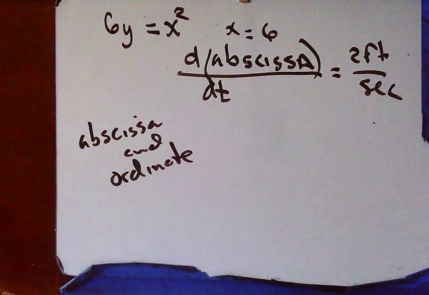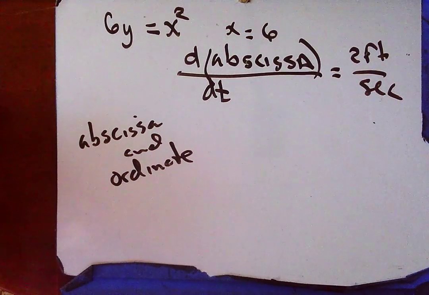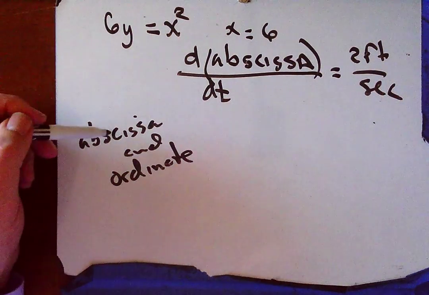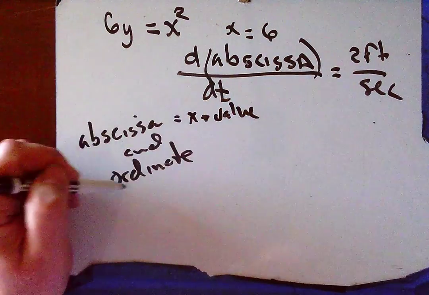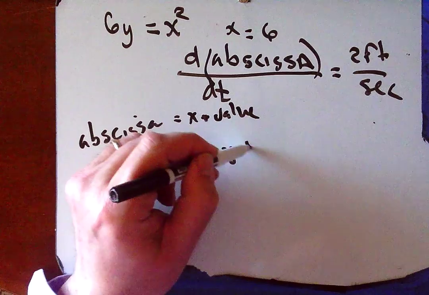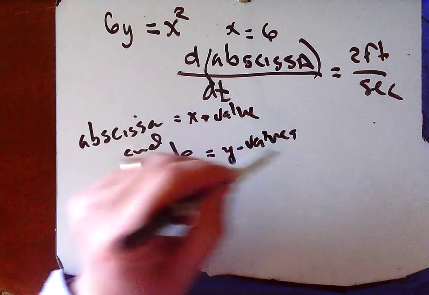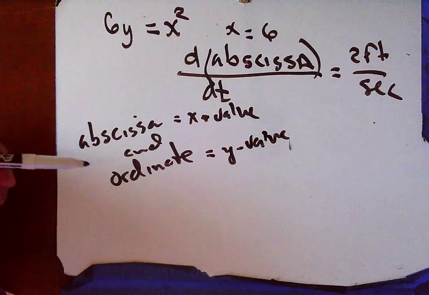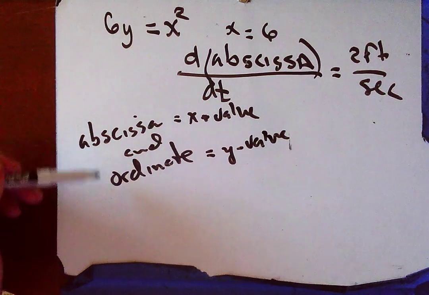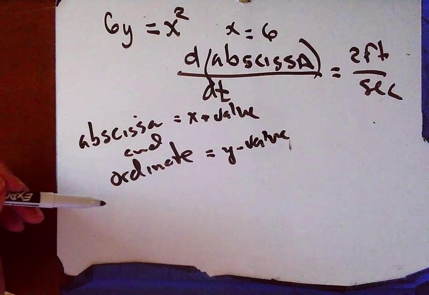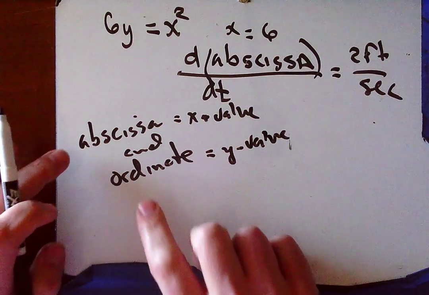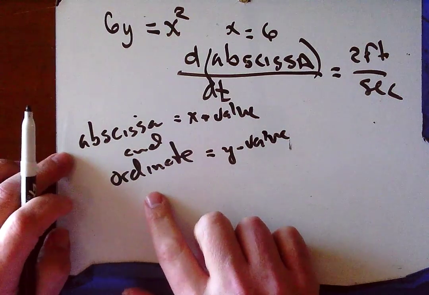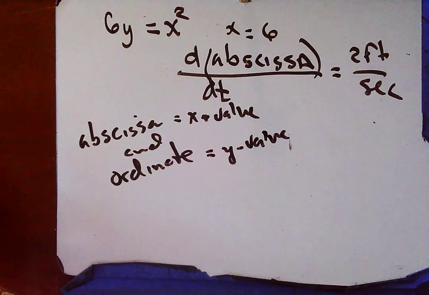Well, it turns out that the abscissa is the x value, and the ordinate is the y value. And so when we think about an ordered pair, it's abscissa, comma, ordinate. When we think about coordinates, together, these make our coordinate.